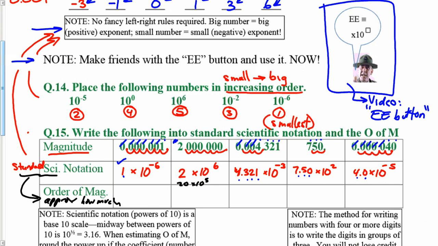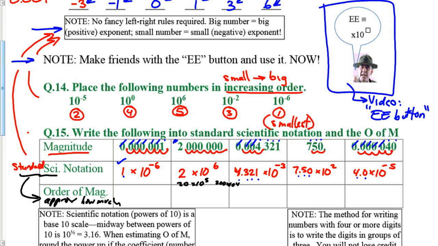Wait a minute, those have different powers. How am I going to interpret this? It makes the game a little more complicated. In fact, this is the same thing as 200 times 10 to the 4th. And so now you start to say, oh, wait a minute. The simplest and also accurate way to do this is just put it in standard scientific. You won't have to worry about it.